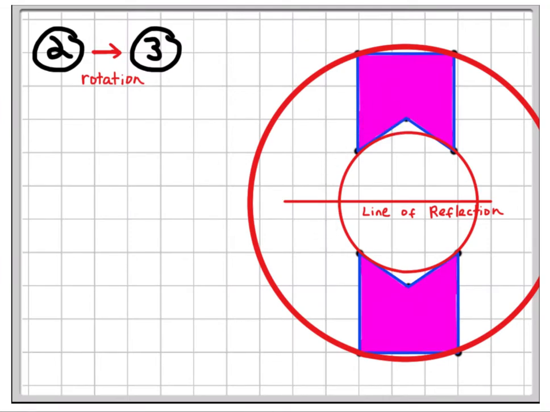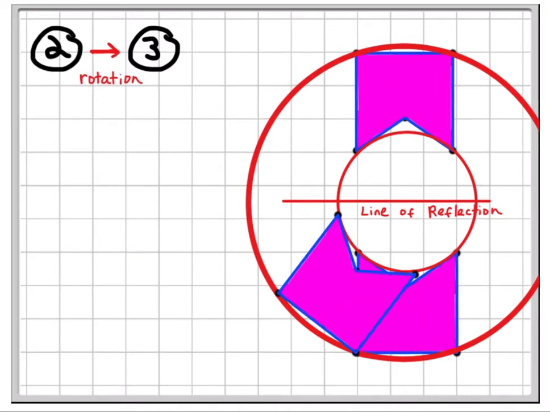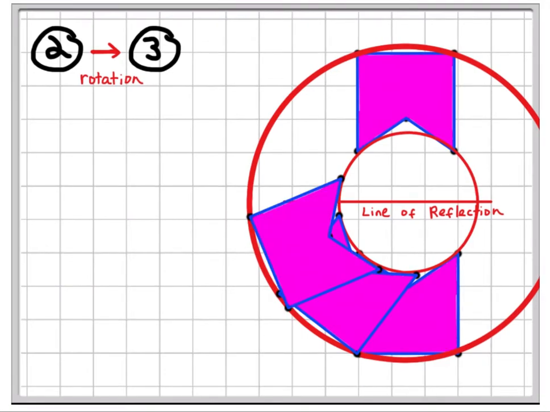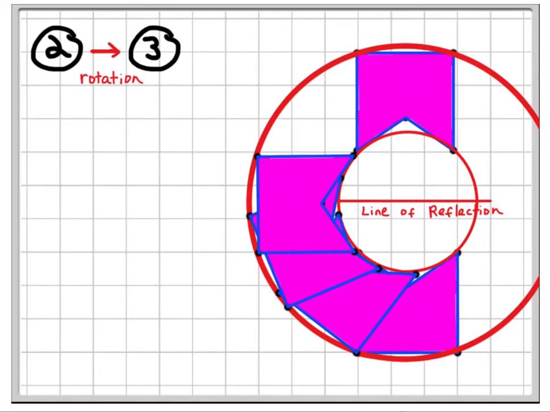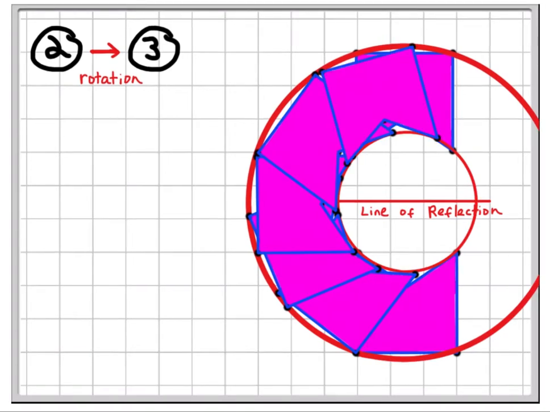So here we go. And you can keep these points on the outside circle, and keep these 2 points on the inside circle, and just rotate it around. And you can see that that can both be a rotation or a reflection.